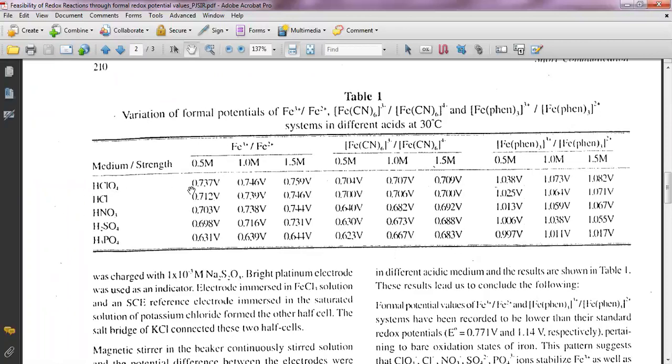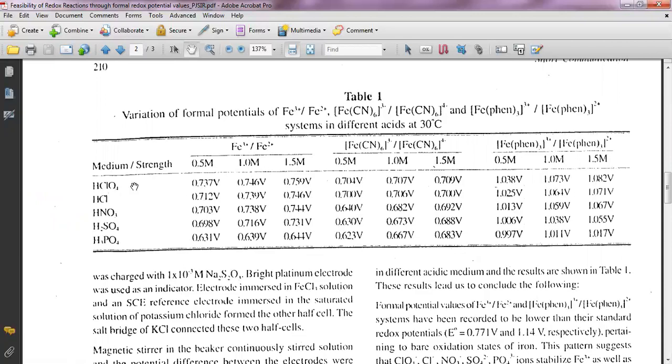In the presence of perchloric acid, this potential we call the formal potential, because we have calculated it at laboratory scale in the perchloric acid medium. So 0.771 is the standard and 0.737 is the formal potential. All these are formal potentials. So what is happening here?